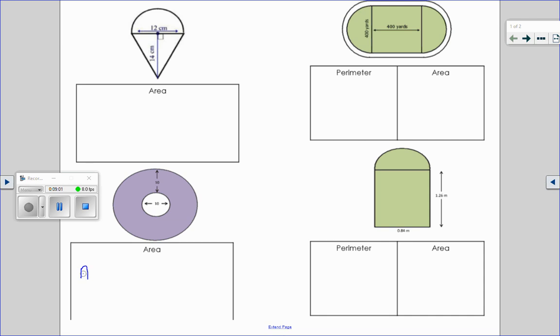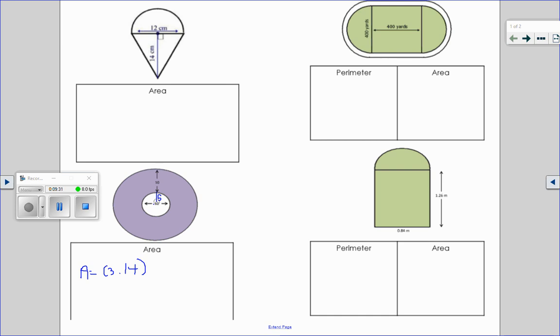So I need area equals, and I'm going to use 3.14 for pi, pi r squared. So if I look at my big circle, let's start with the big circle. I need to get right into my center. So this 10 is not into the center, but I know that half of this one, which is my radius, would be 5.